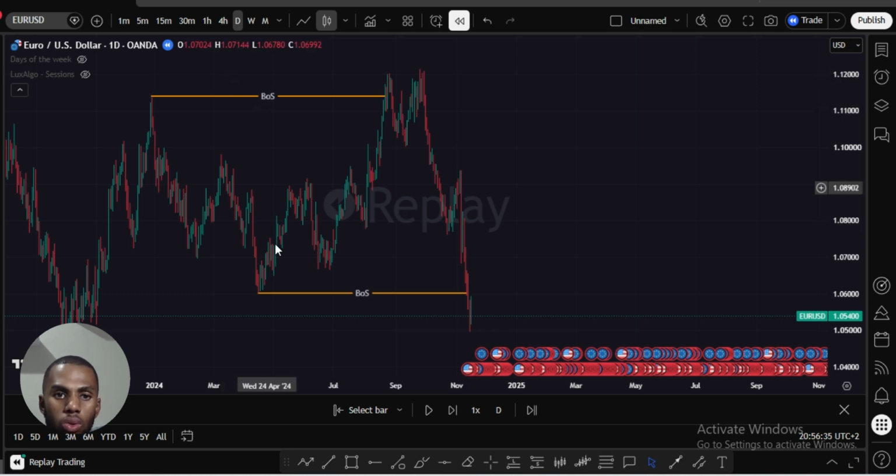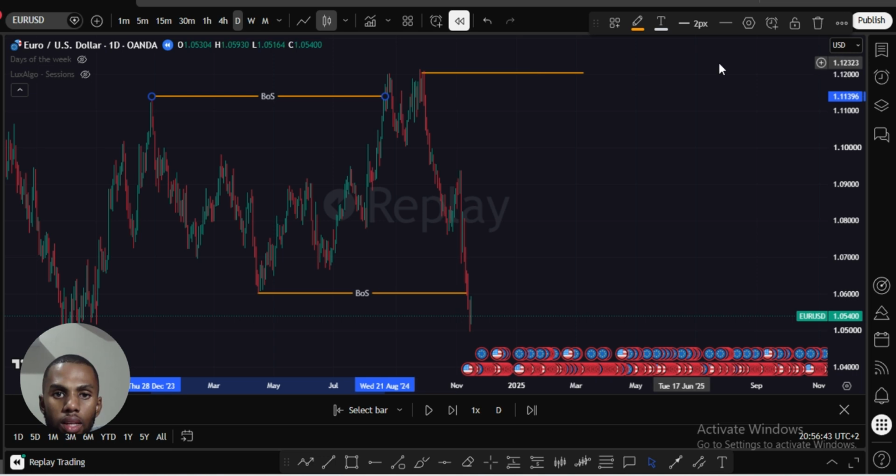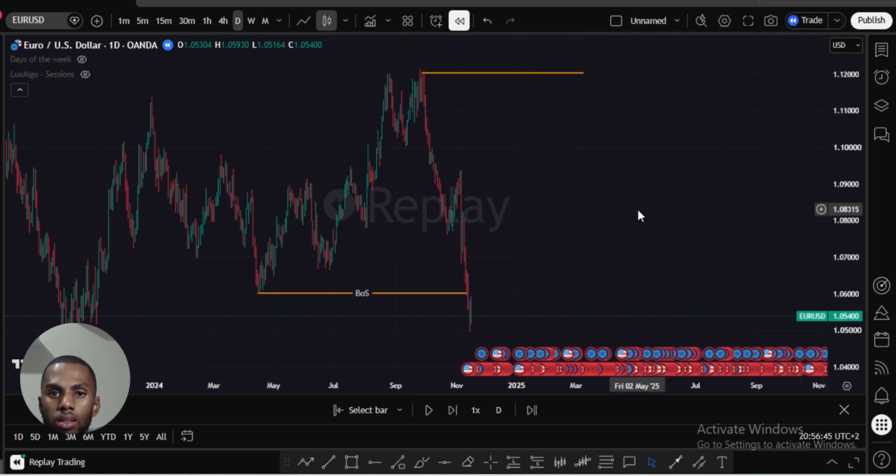So now what we want to do is draw this line again. We will identify a break of structure only if the market breaks this high, not this high, because this is internal price movement.